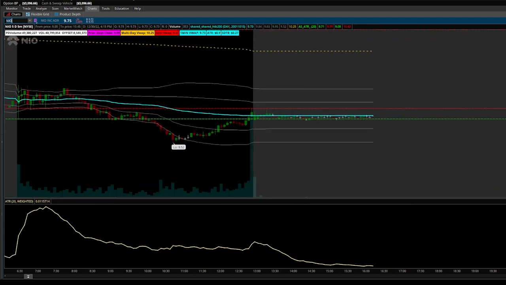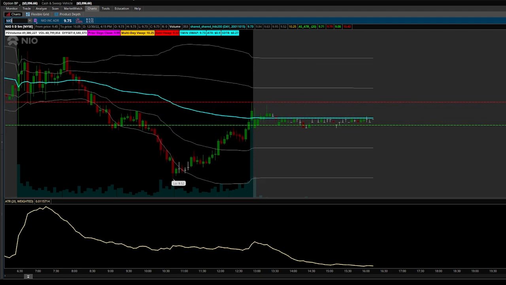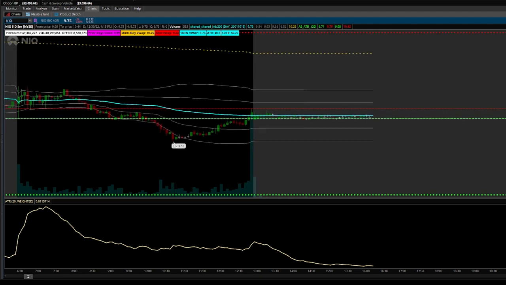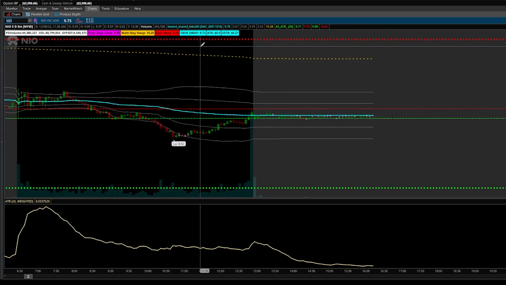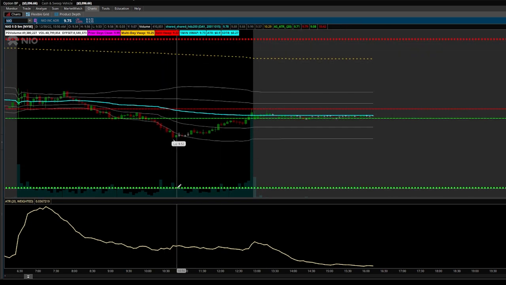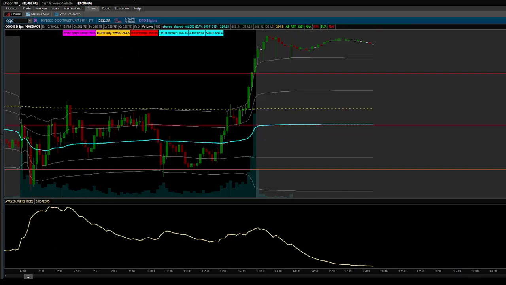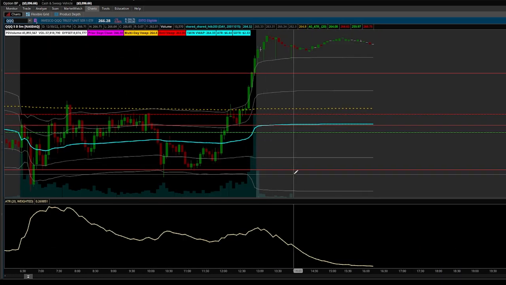But I want to catch something really bouncing off the ATR, because the lower ATR on NEO is pretty much down here. It's subject to move 90 cents on any given day. It's not a big move. What had a good move? Let's look at the Qs. Let's take the drawing off.